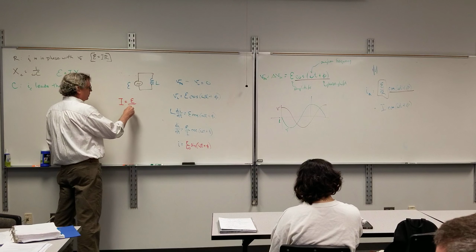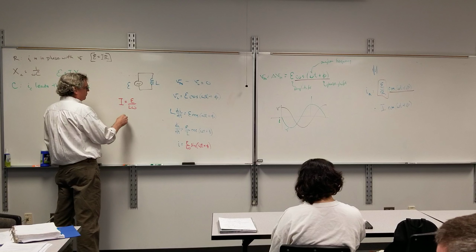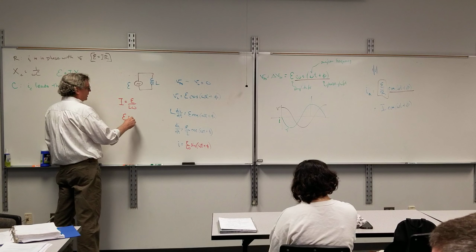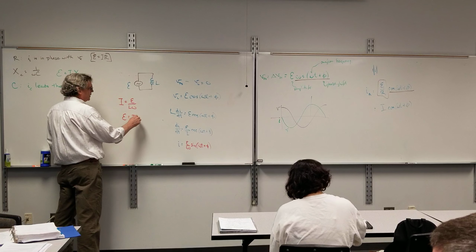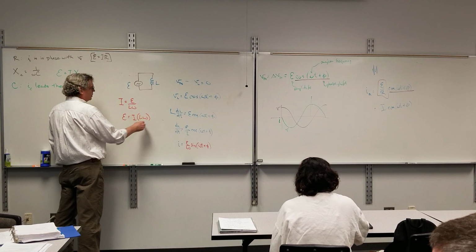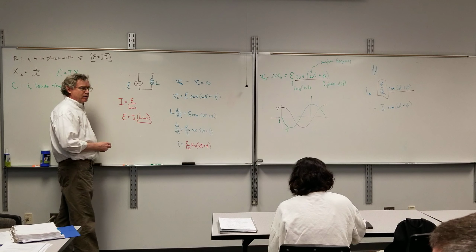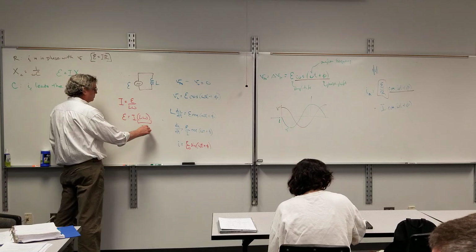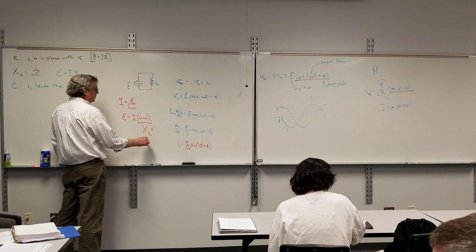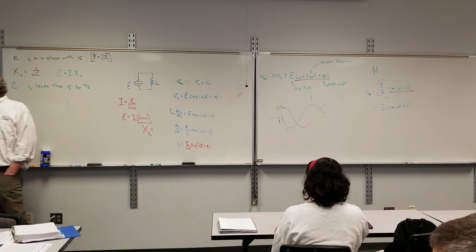So looking at that, I know that the magnitude of my current is going to be epsilon over L omega. If I put it into Ohm's law form, I get epsilon is equal to I times L omega. And of course, we can't get away with not calling this something. Would someone take a shot at what it's called?